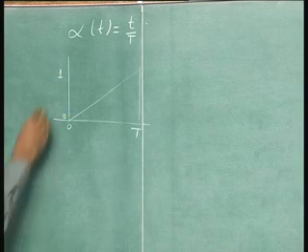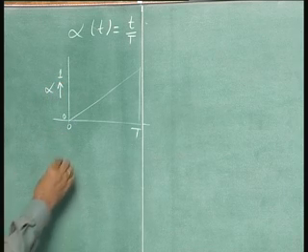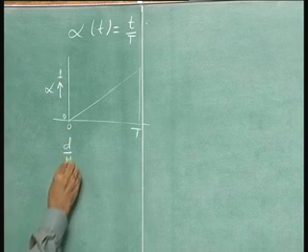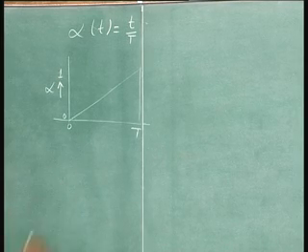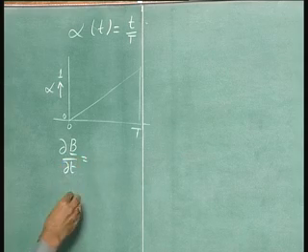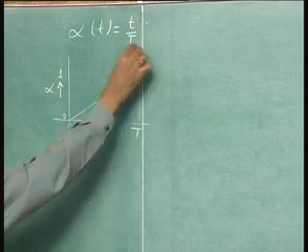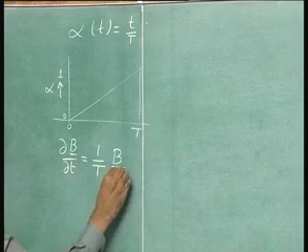This is alpha. Since this is alpha, d dt or del del t is equal to the time derivative of alpha, which is 1 over capital T times B naught. Why?